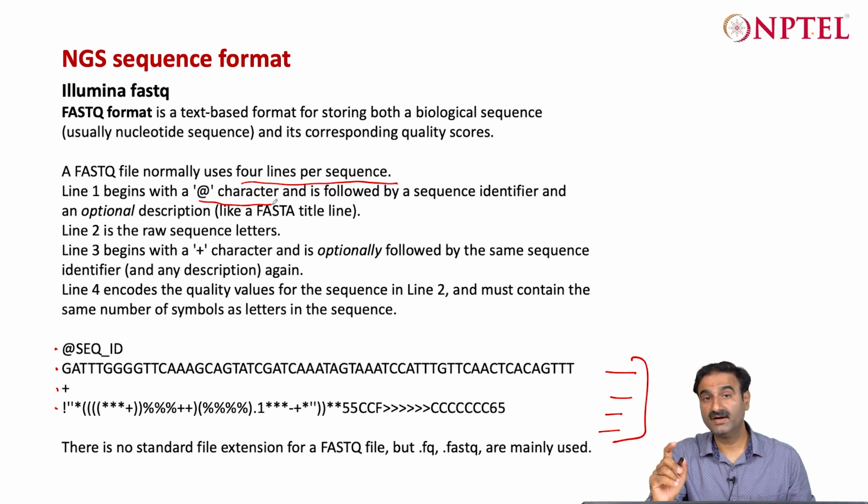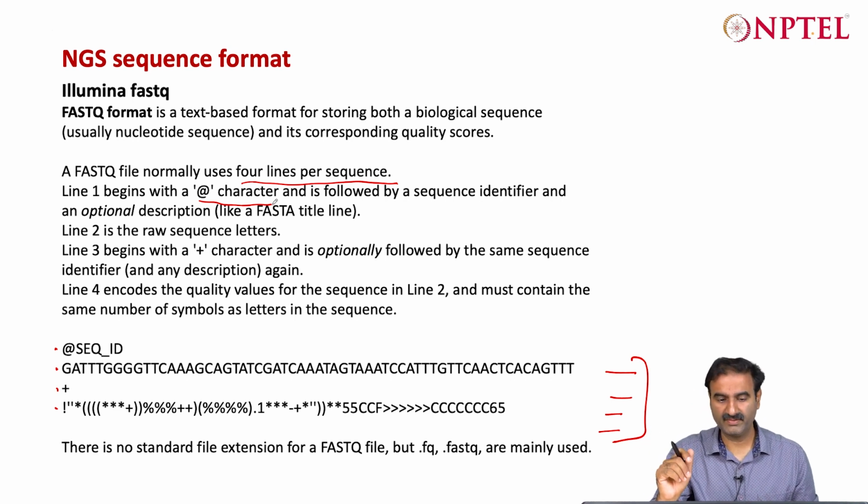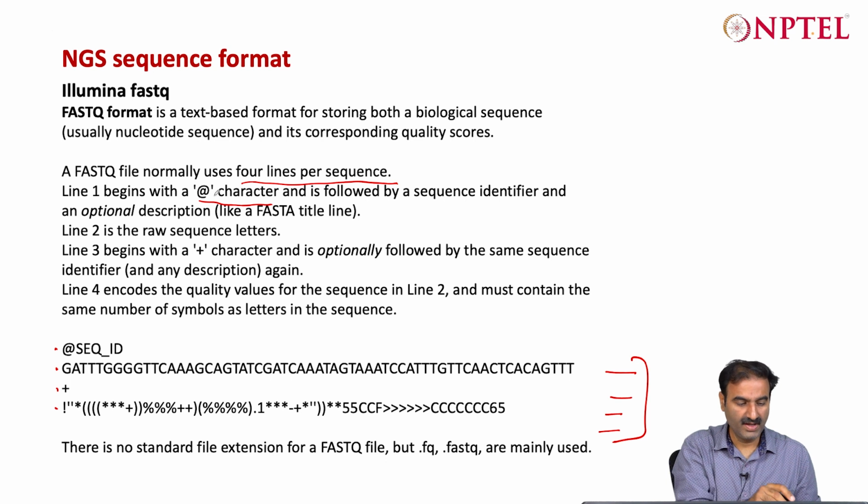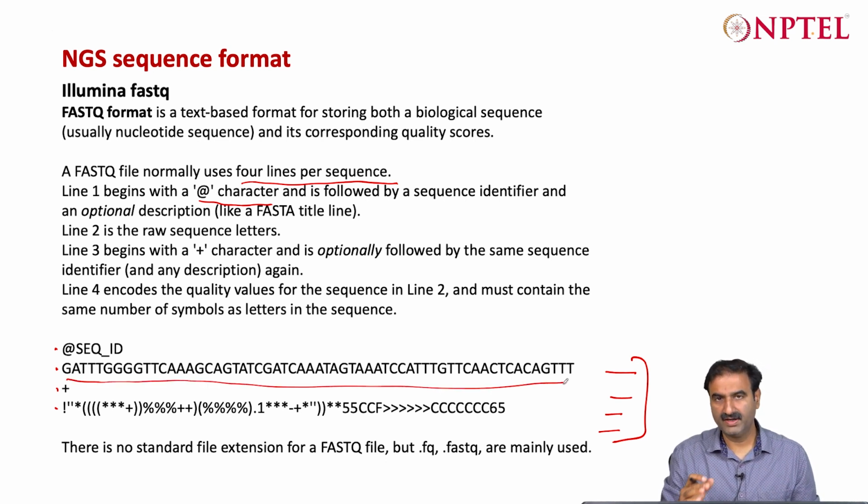In the FASTA format you saw that the starter was the greater than symbol, so that you know it's a FASTA format. For this FASTQ format, the initial character is @. Then there is a sequence. For example, if the sequencer has produced a 150 base pair read, it will be 150 base pairs in length.